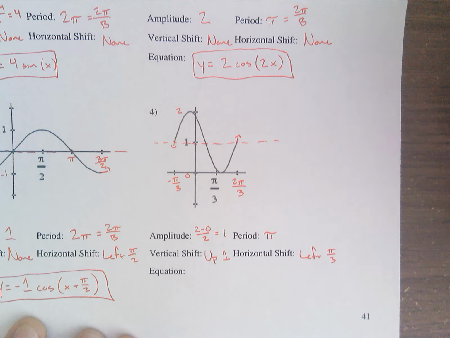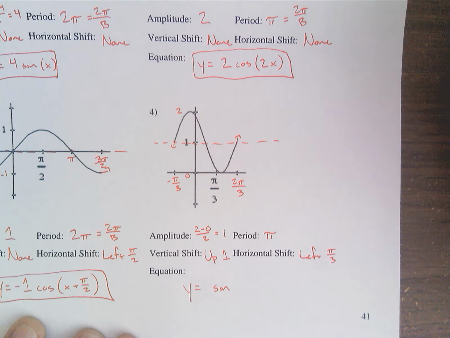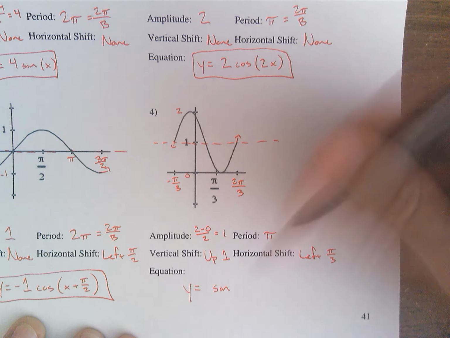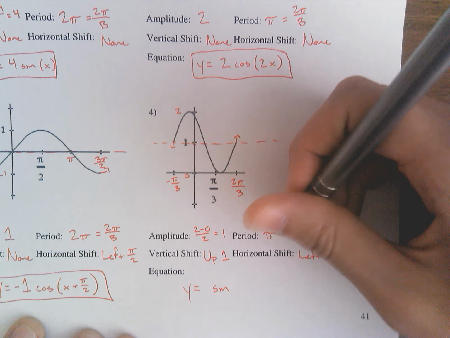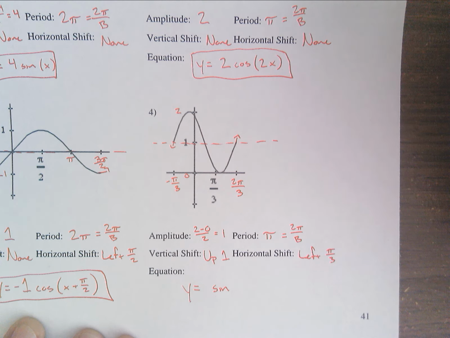So we have y equals our amplitude 1, and again, you can write it, you don't have to. We're looking at the positive sine of, or our period, we need b. So we use our period. Our period is 2 pi over b. And solving this equation, we get that b equals 2.